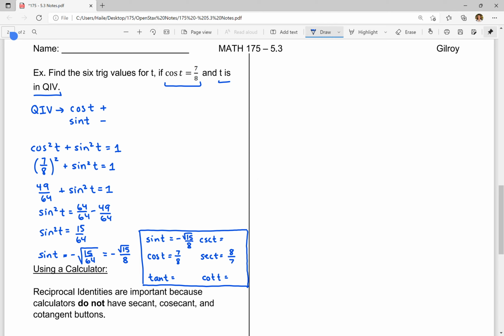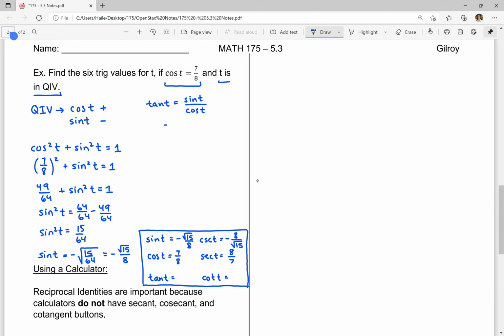Then I can jump straight to cosecant of t because it's the reciprocal. So I can just say cosecant of t is negative 8 divided by the square root of 15. Now I have 4 of the 6 trig functions, and I still need to get tangent and cotangent. For tangent of t, I can use my quotient identity of sine t divided by cosine of t.